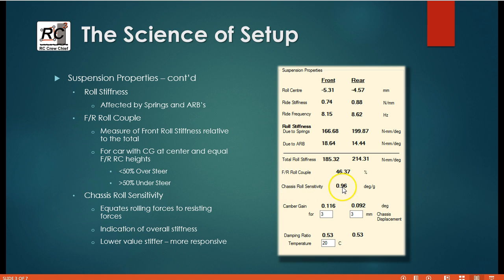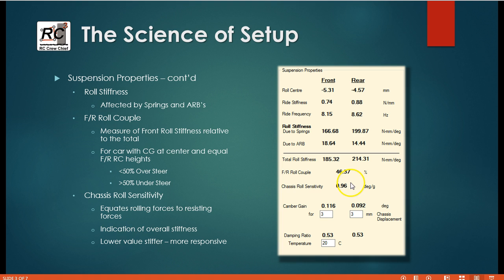Now, the chassis roll sensitivity, this is a value that indicates the overall stiffness of the car. It basically equates the rolling forces, the rolling moments, to the resisting forces, which are your springs and anti-roll bars. So it's a very good indicator as to how responsive the car is going to be. The smaller this number is, the more responsive the car is going to be.